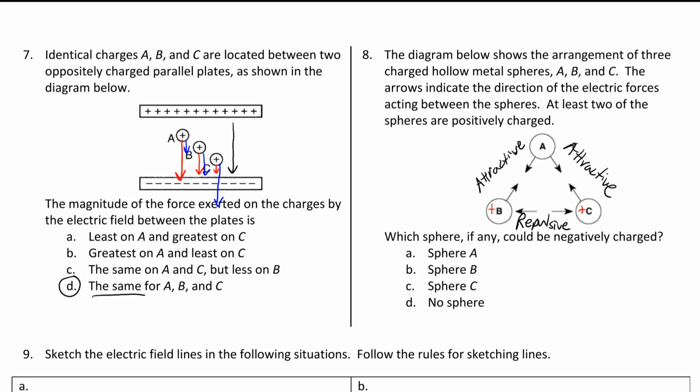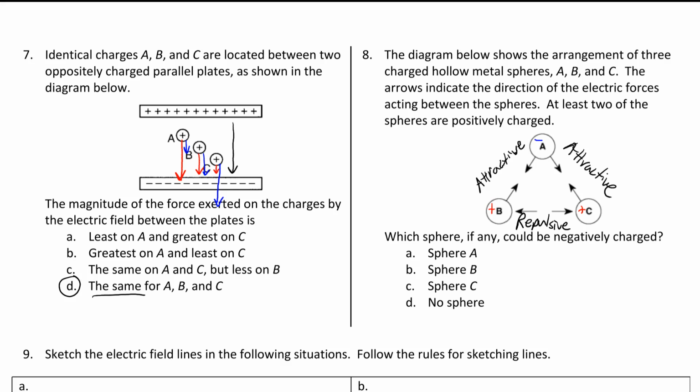Now let's see, what does that mean for A? Well, there's an attractive force here between these two, so A must be negative. And let's double check. A and C, attractive force, positive and negative, that makes sense too.